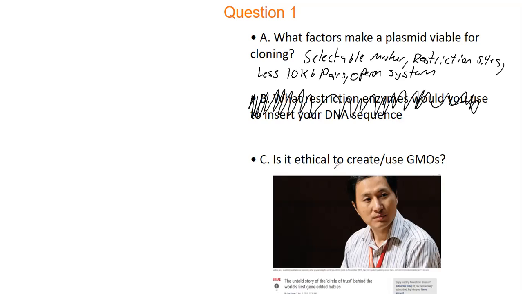Also, when you're knocking out genes in an embryo, you have to hit every cell or it won't work. And there are questions whether he hit every cell, because you can't look at every single cell of a little baby's DNA. So there are also issues with that.